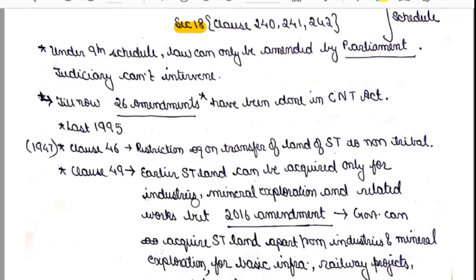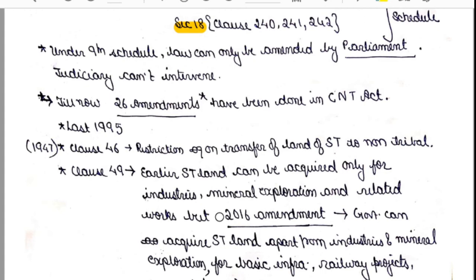But I think recently, by the order of the Supreme Court, anything which is brought under the ninth schedule can be subjected to judicial review. Okay, now the ninth schedule is not like an opaque thing in which the judiciary cannot intervene. So you should also know that.